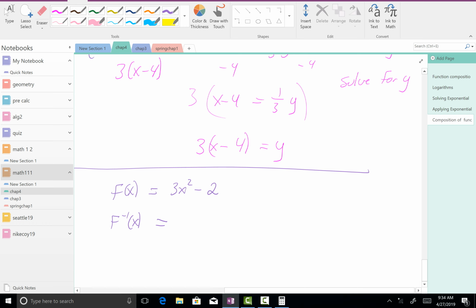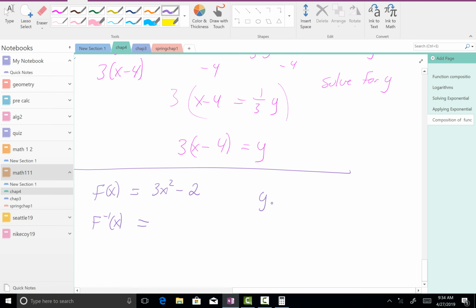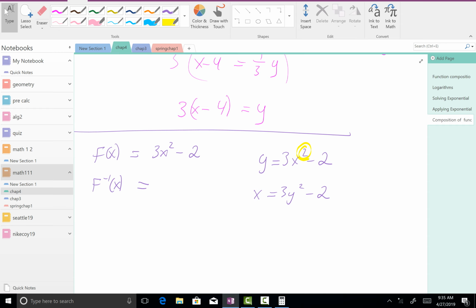But we'll go ahead and do it the other way. So we're going to set this equal to y. That's my first step, right? Switch the x's and y's. So the square is part of the whole thing, so you don't switch it. You leave it alone. And now we've got to solve for y.